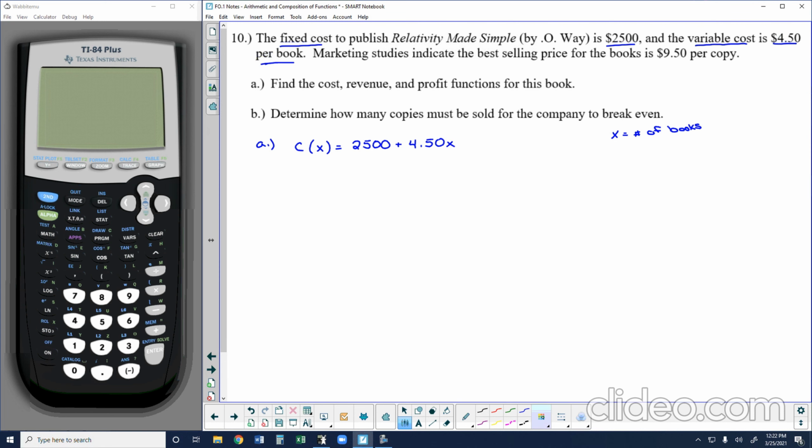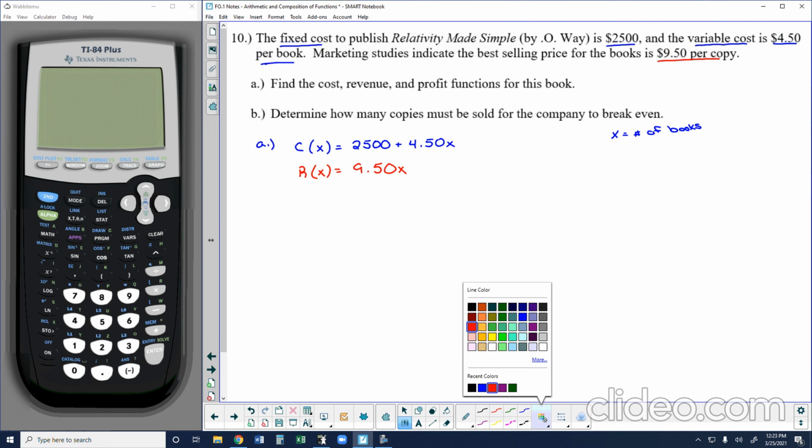Now let's let R represent revenue. In this case, we know what the revenue is. Revenue would be the income created by selling the books. So the revenue generated is going to be $9.50 per copy. So 9.50x. Profit then.